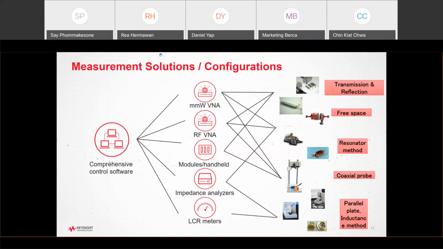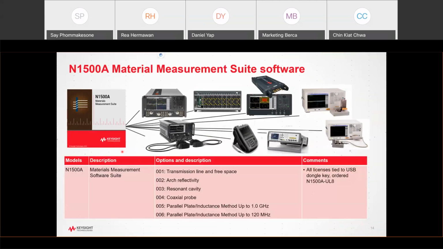So the software comes with an easy user interface for you to use, so that you don't have to worry about the settings of the instruments. Keysight has this N1500A software that controls many different types of instruments, including these instruments that go up to 120 gigahertz. And of course, it depends on the frequency of interest of your research.